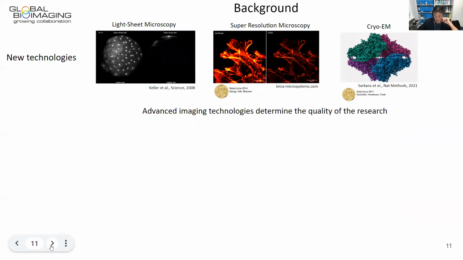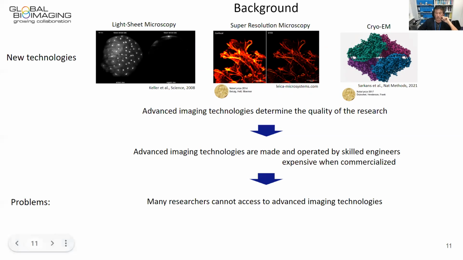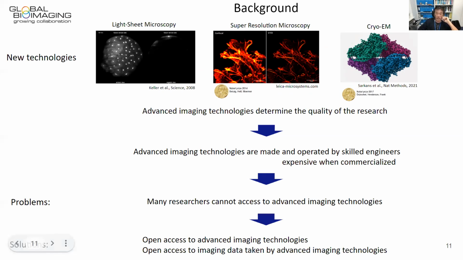These kinds of new imaging systems are usually made and operated by skilled engineers by hand, and these technologies are always expensive. Because of that, the problem is that many researchers cannot access this kind of advanced imaging technology. The solution should be open access to this advanced technology, and also open access to the imaging data taken by it.